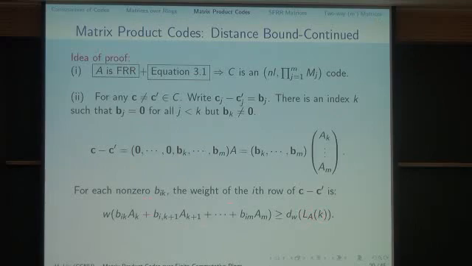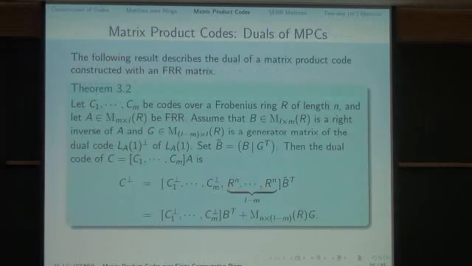So this is a non-zero vector, and this is the minimal distance. So we have that this is greater than or equal to these values, and you count how many non-zero b_ij you can get to obtain these results. The second one is similar. So that is for the general distance bound.